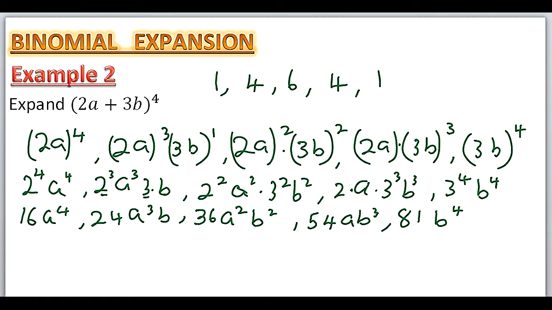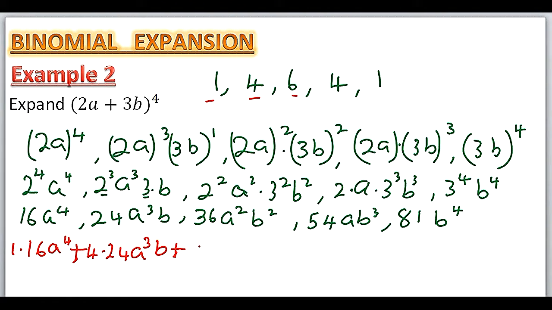What we have here is, the first coefficient is 1, so we say it is 1 multiplied by 16 a to power 4. Then the next coefficient is 4, so we say 4 multiplied by 24, then we have a cubed b. The next coefficient is 6, so that is plus.